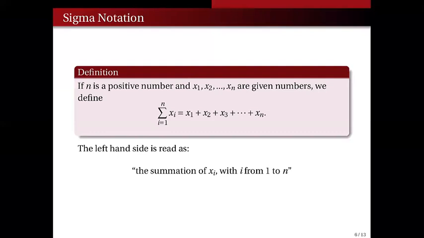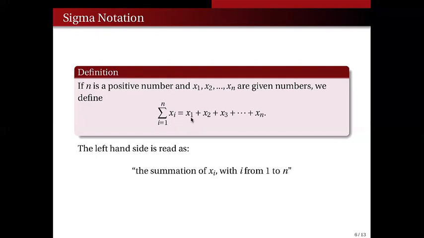This left-hand side is read as summation of xi, i from 1 up to n. So it means you will just add all these xi's as you run your i from 1 up to n. So this is the definition.